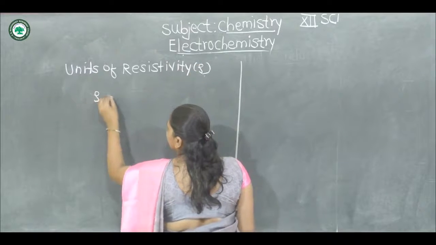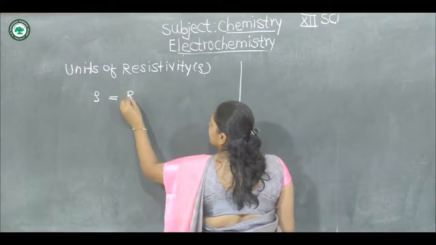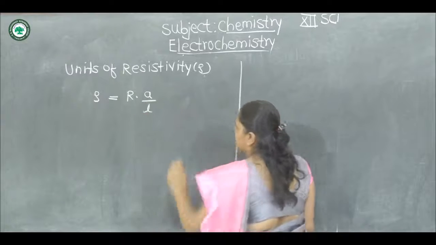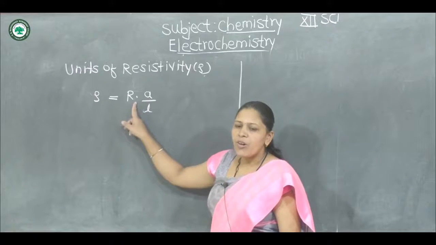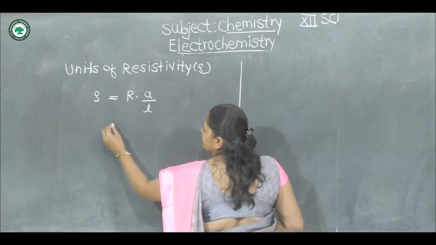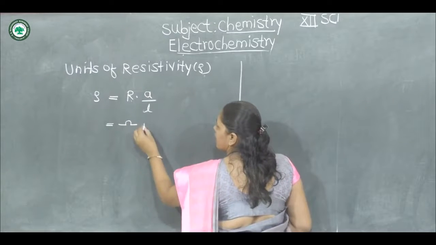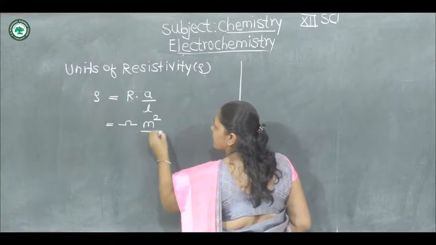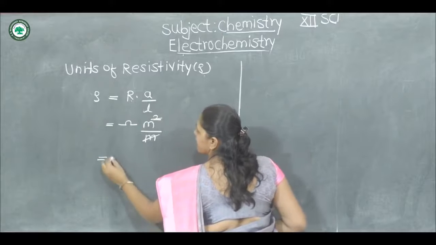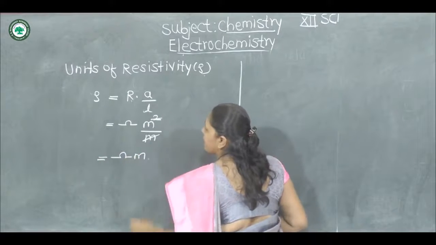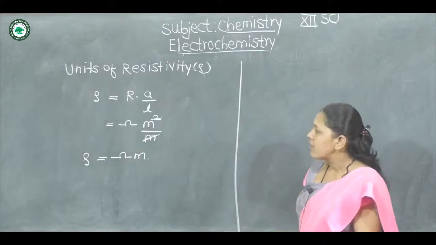We know that rho is equal to R into A upon L. What is the unit of resistance? Resistance, ohm. Unit of area, meter square, unit of length, meter. Meter gets cancelled, remaining is ohm meter. Unit of resistivity is the ohm meter.